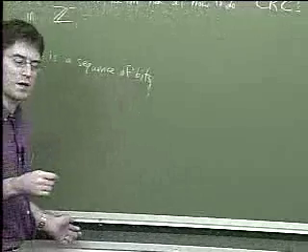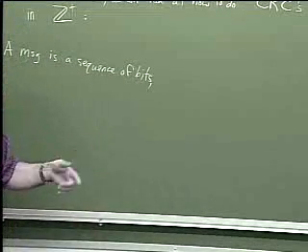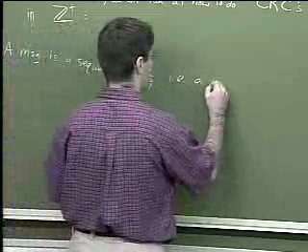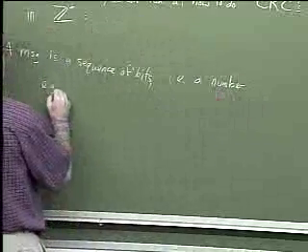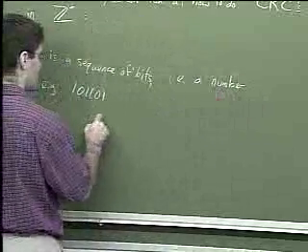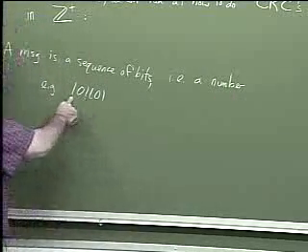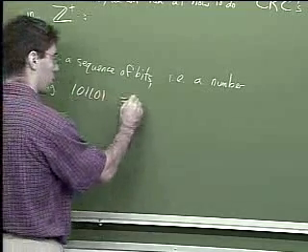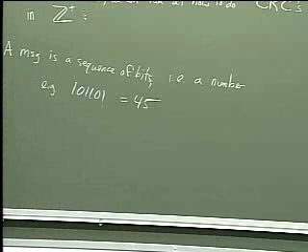Any sequence of bits you can treat as a binary representation of a number and give it a value. So for instance, 101101 is 1 plus 4 plus 8 plus 32, that's 45.